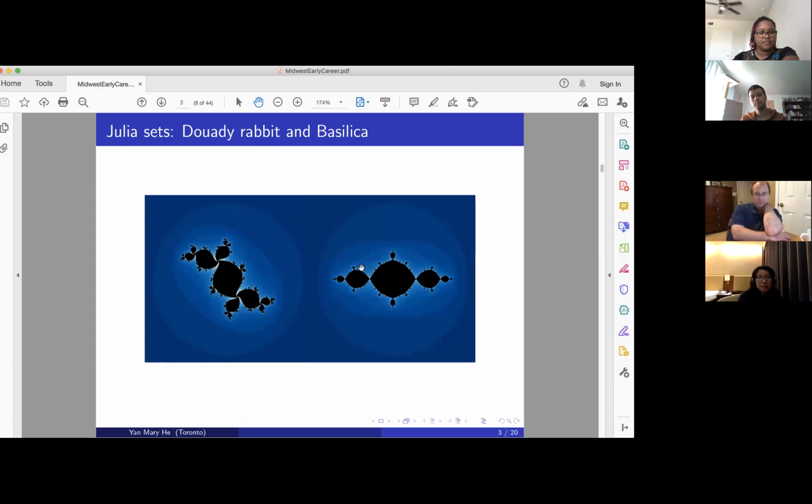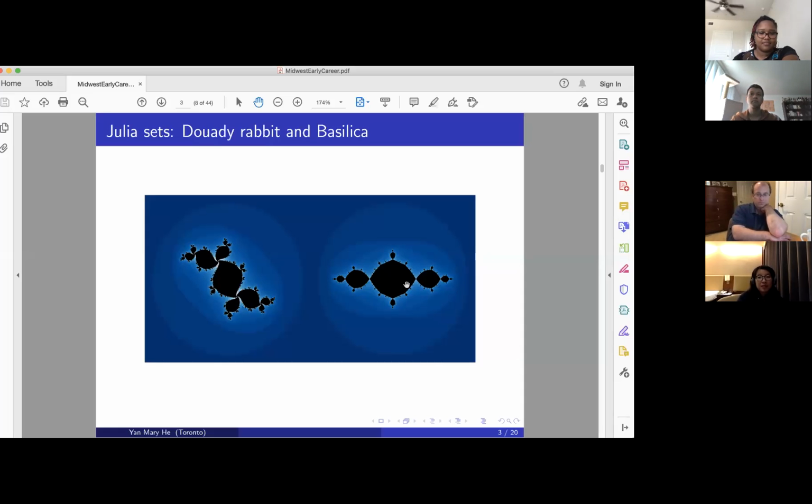And I have another example, which is called the basilica, because it looks like a basilica. So basilica is the Julia set for the quadratic polynomial z squared minus 1. Again, the black region in the picture is the filled Julia set for z squared minus 1, and the boundary of the black region is the Julia set.